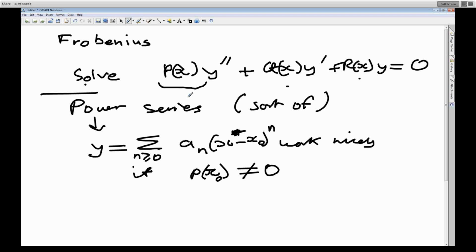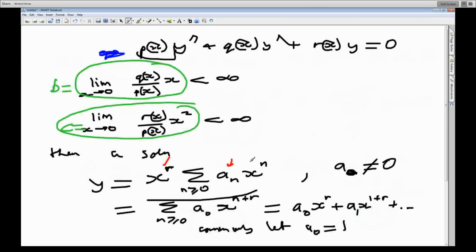And what I really mean by that is that the order of the poles and the various other terms aren't too big, essentially. And if it's nice enough, then you can find solutions of the form x^r times a normal power series, essentially.